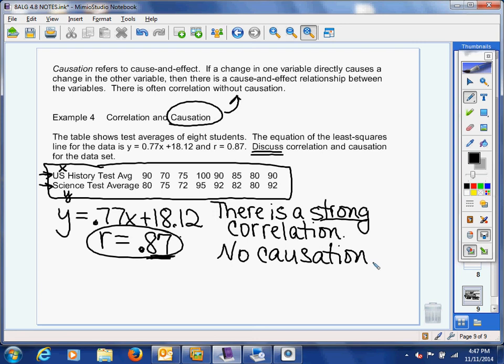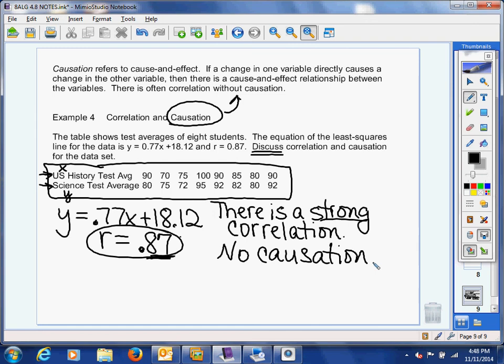Now, if they were comparing how much time was spent studying and how that affected test averages, then there would be some causation there. I think the more good, concentrated, quality time that's spent on studying, the higher the test scores will be. And of course, I'll give you my little speech about don't wait till the last minute to study, okay? It's always better to spread that studying out.